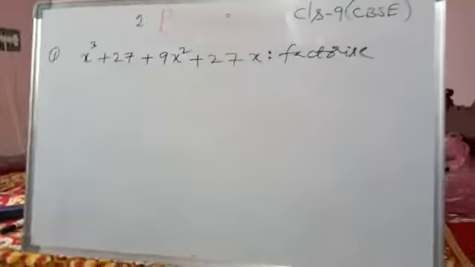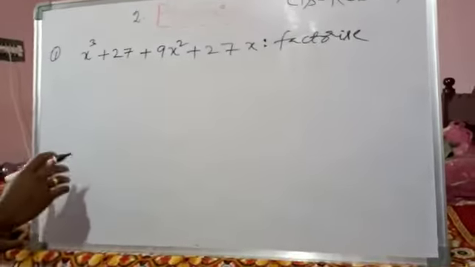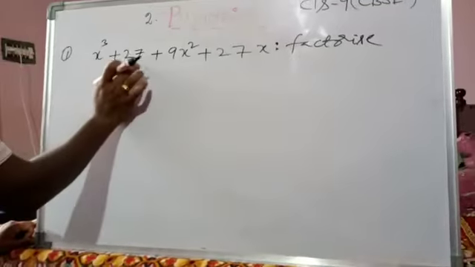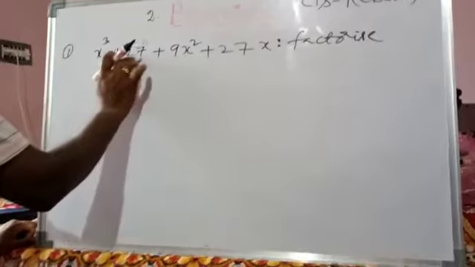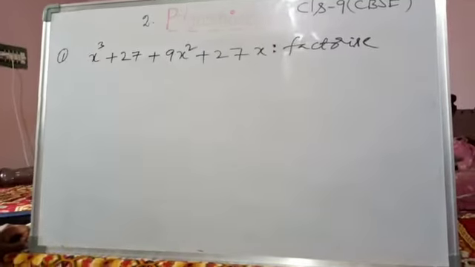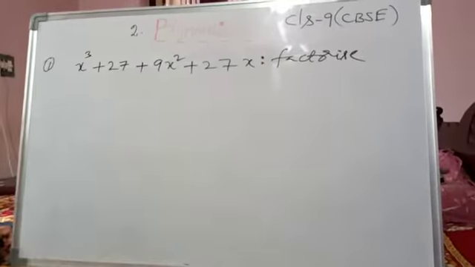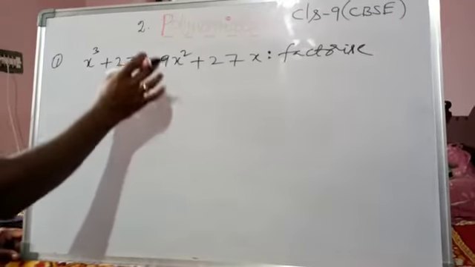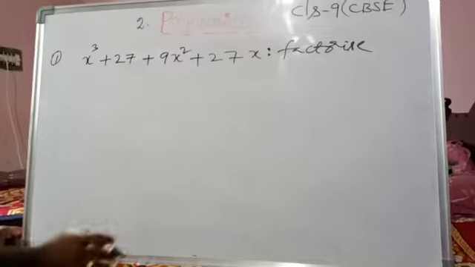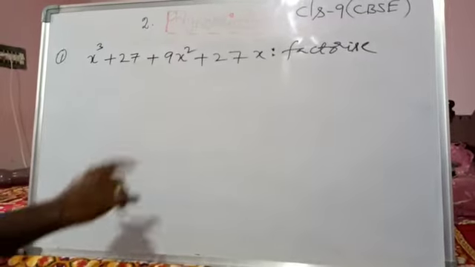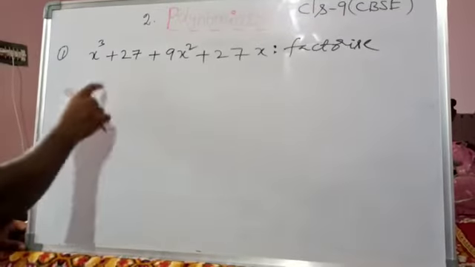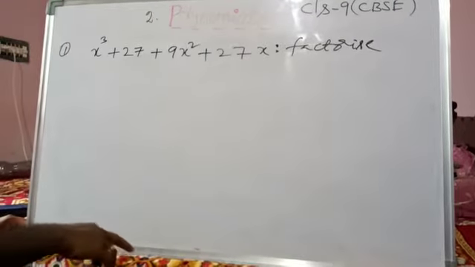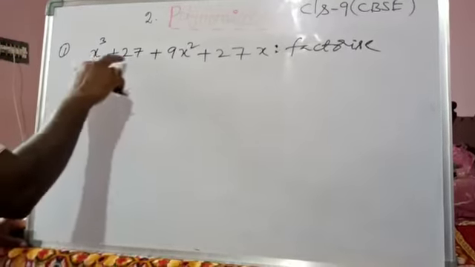this polynomial. If you observe this polynomial, students, here x cube plus 27 is there. You know that 27 is a perfect cube, that is 3 cube, so you can write x cube plus 3 cube. Before factorizing, first you have to decide that this looks like the (a plus b) whole cube identity, because here a cube plus b cube is there.